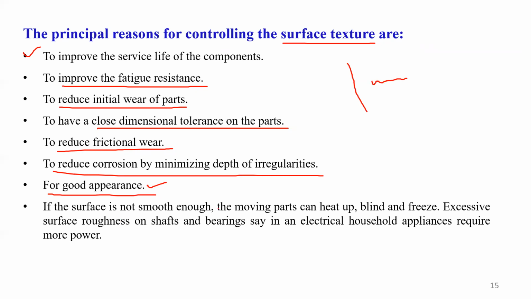Suppose the surface is not smooth, what happens? The moving parts can heat up, and sometimes freezing also takes place. Excessive surface roughness on the shafts and in the bearings in electrical household applications may consume more power. So in order to avoid this, we need to control the surface texture.